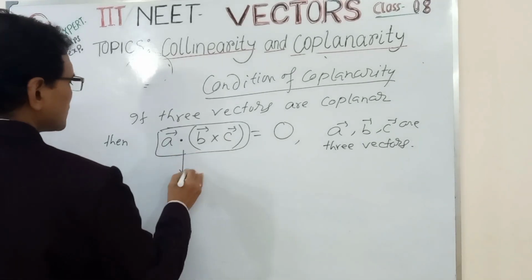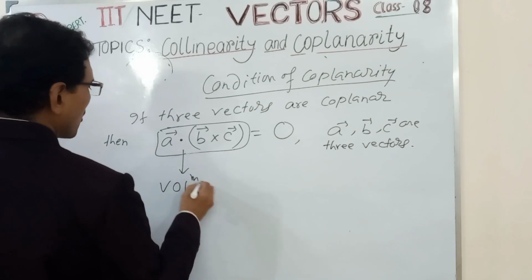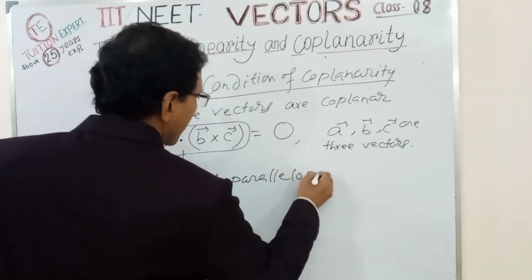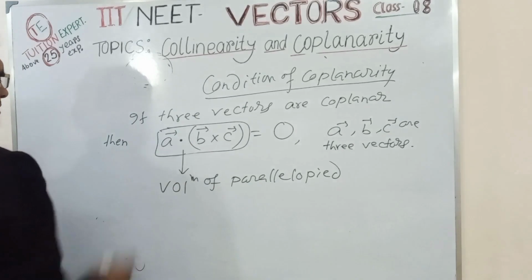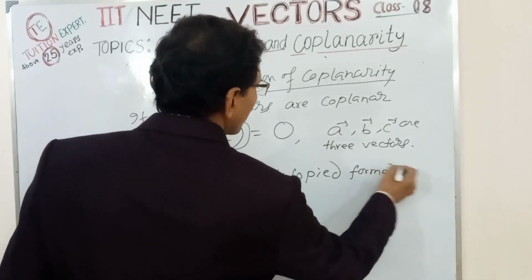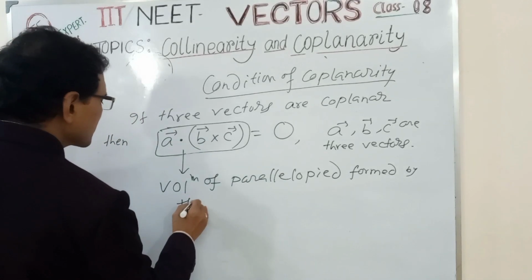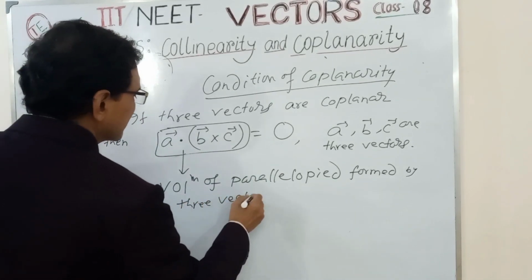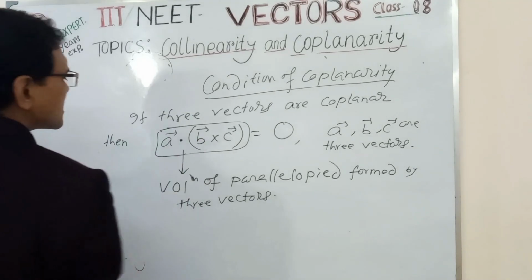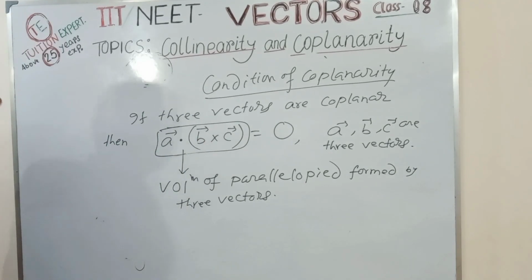This is actually the volume of the parallelepiped. This represents the volume of the parallelepiped formed by three vectors. Now, how can this represent the volume of the parallelepiped?